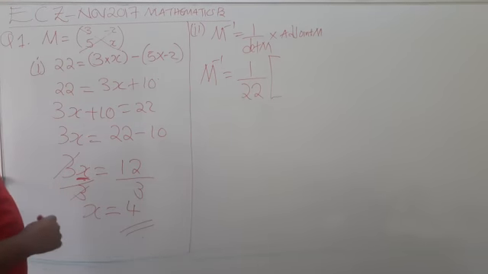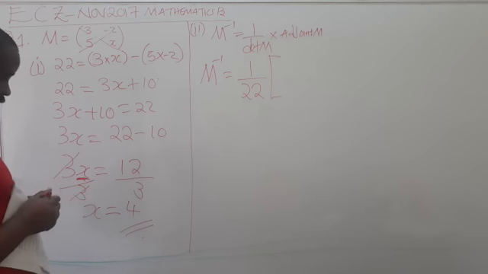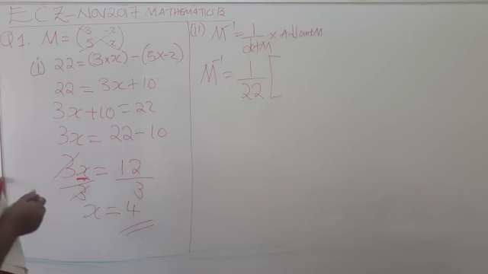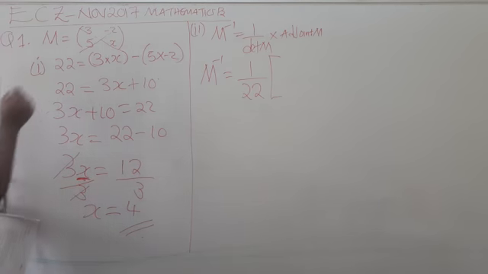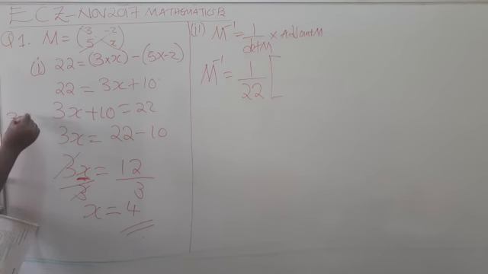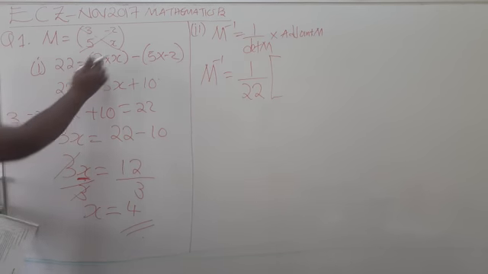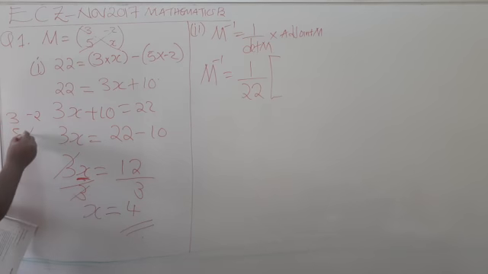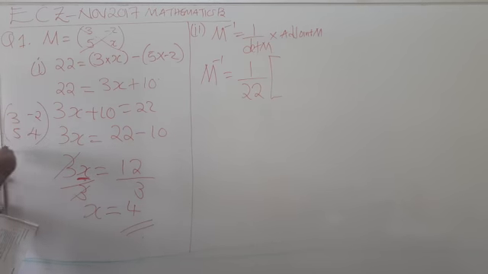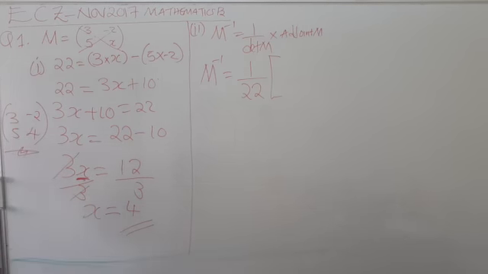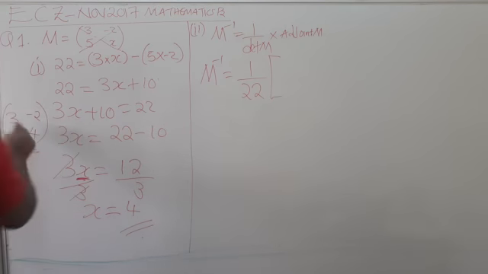Then what is the adjoint? To get the adjoint, you need to look at the matrix. We are saying the matrix here is 3, negative 2, 5, and x here is 4. So this is the matrix that we are dealing with. Now to get the adjoint, you interchange the positions of elements in the major diagonal. So here where there is 3 you put 4, and here you put 3.